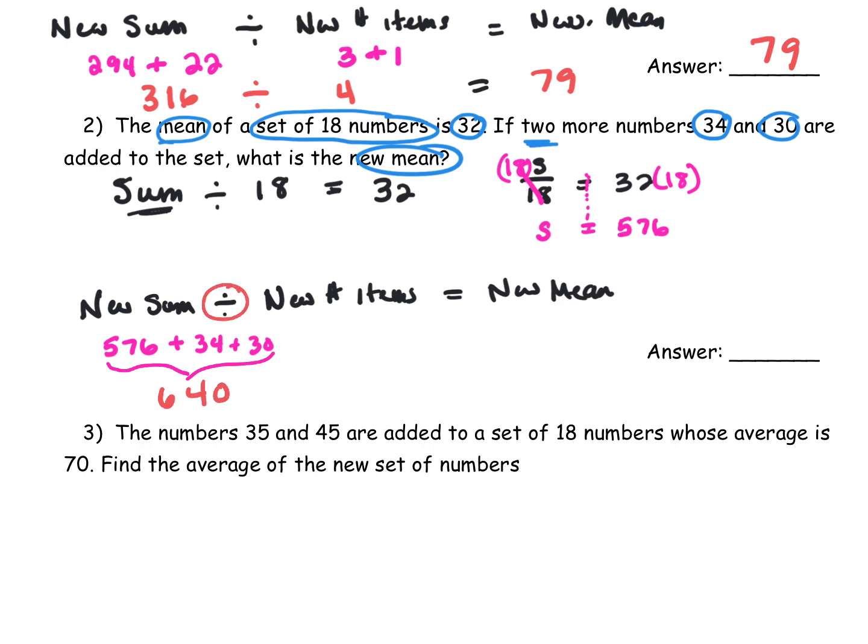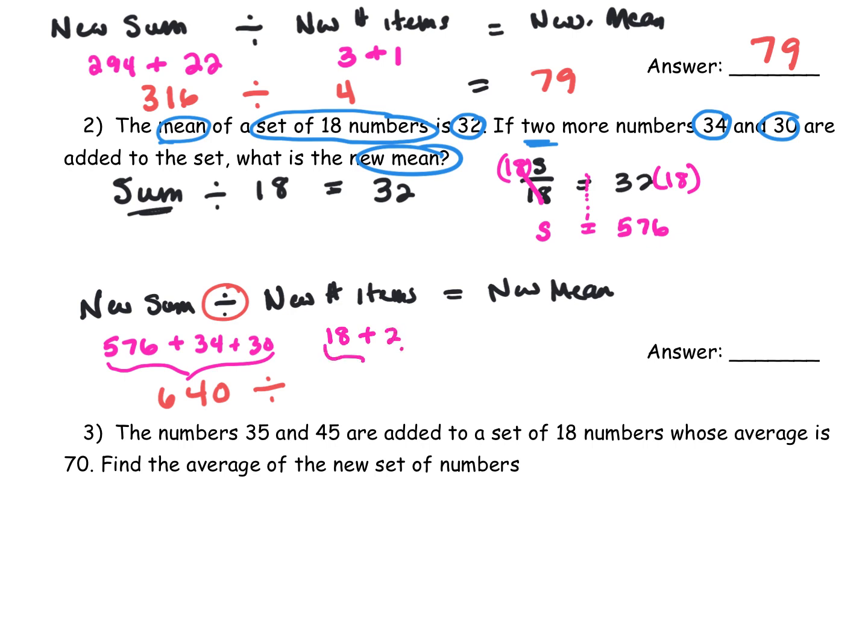And then we're going to divide that by our new number of items. We started with 18 items, and we added two more numbers, 34 and 30.